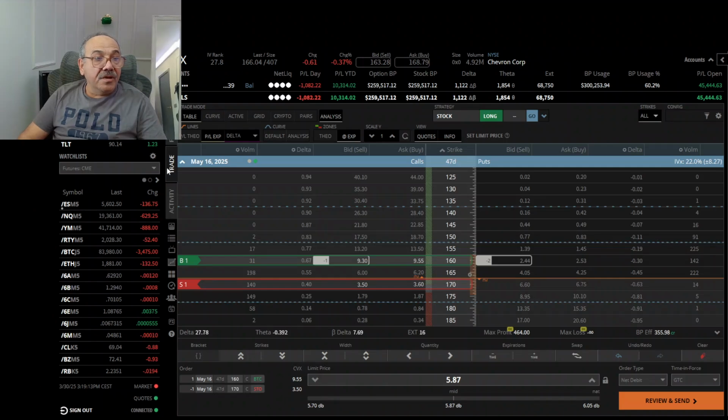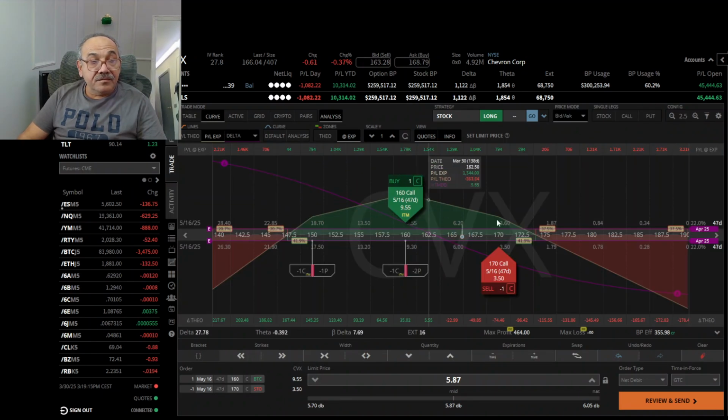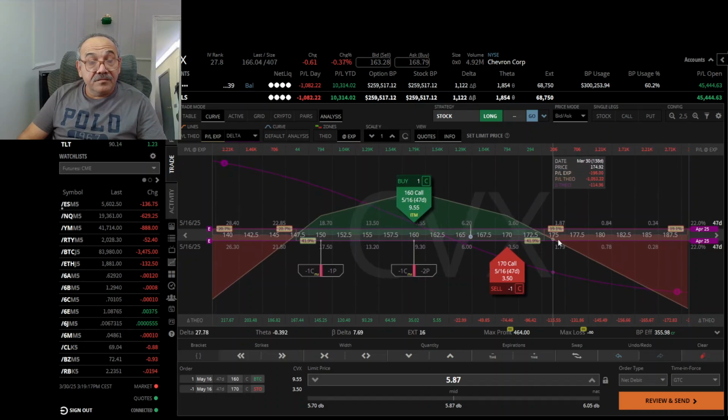Let's see how this adjustment is going to look altogether. It's not as good as the previous one, because the previous one covered our interval up to 175. This one covers about 172.5, but it's still doable.